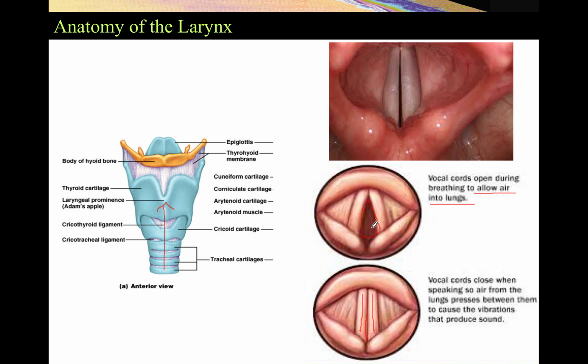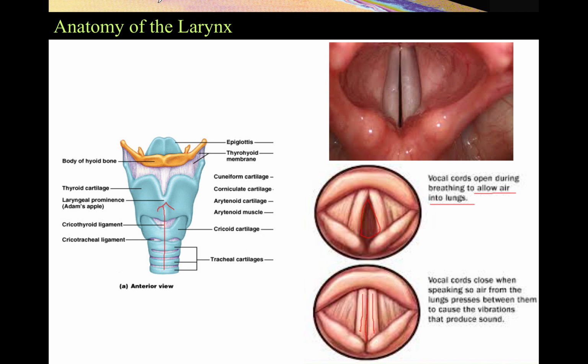When you are trying to speak, the two vocal cords come into proximity with each other, so the glottis is closed. Air escapes between the two vocal cords, causing their vibration. As a result, that vibration causes the creation of sound.